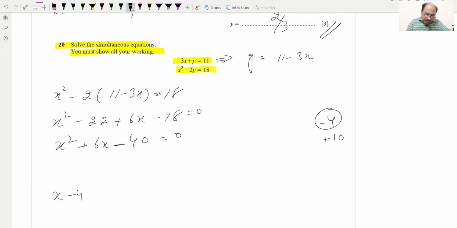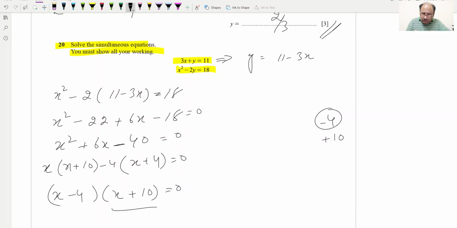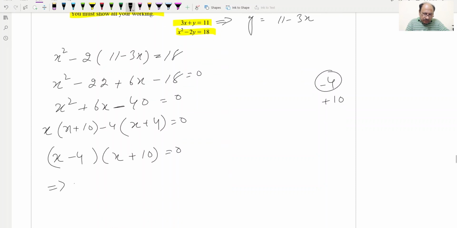So we can write x minus 4 and x plus 10 is equal to 0. Intermediate step will be x, this one, and then this whole step, x plus 10, and then minus 4, which will be here, and this term x plus 10 is equal to 0. So we have written the intermediate step also. So this implies x is equal to 4 and x is equal to minus 10.